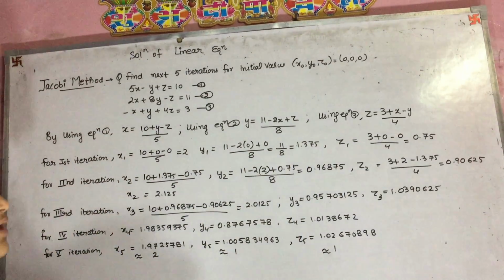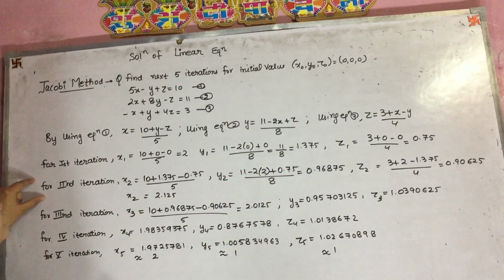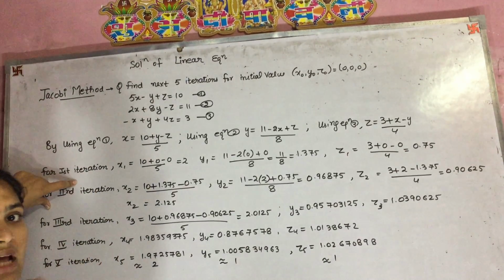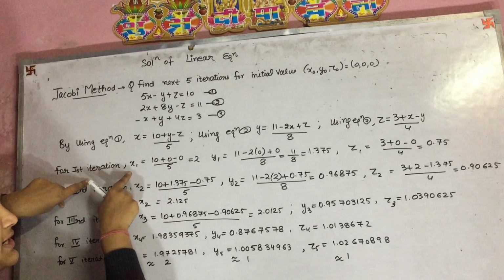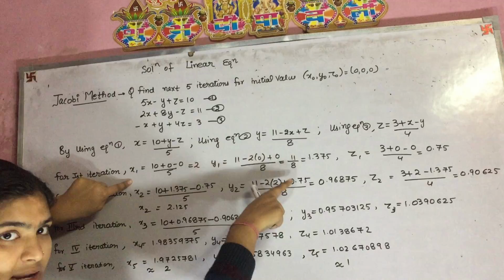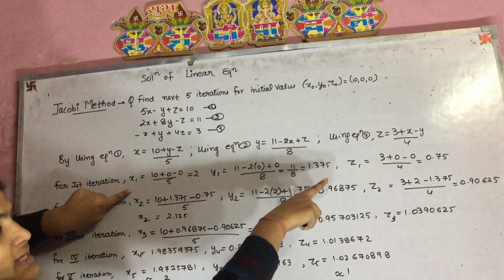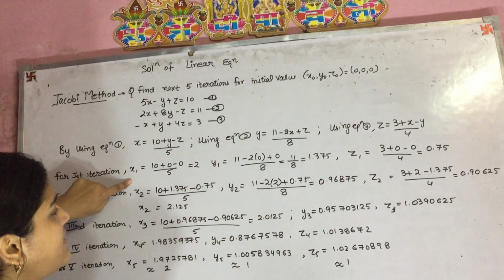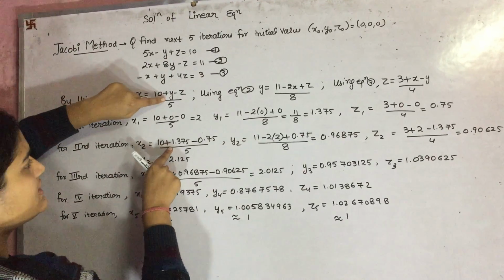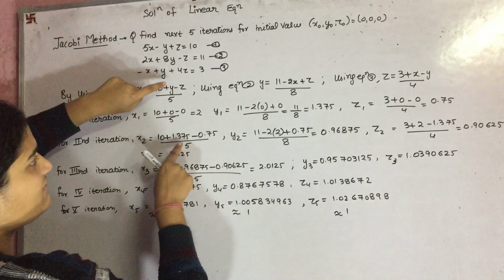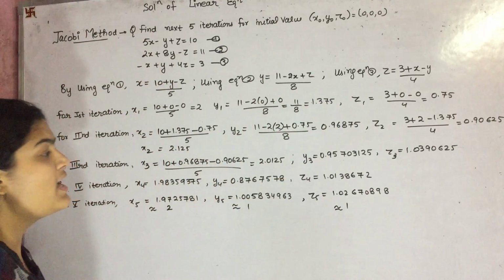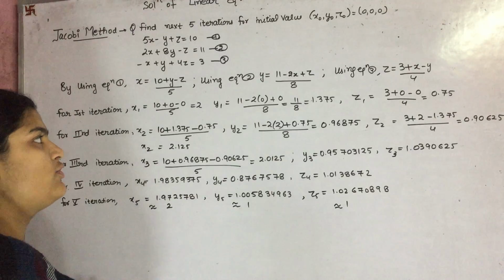For the second iteration, you use the values from the first iteration: x as 2, y as 1.375 and z as 0.75. The equation remains the same, but y becomes 1.375 and z becomes 0.75, so your answer will be 2.125.